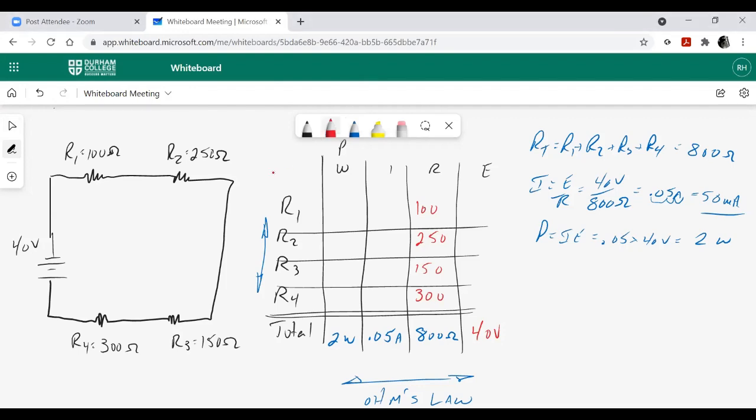Yeah, current, right? So remember, my current I is the same everywhere in here. 0.05 amps, 50 milliamps. Right? It's the same everywhere. So I can just write those in.